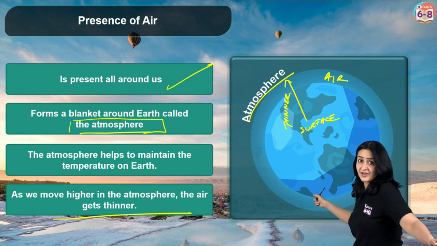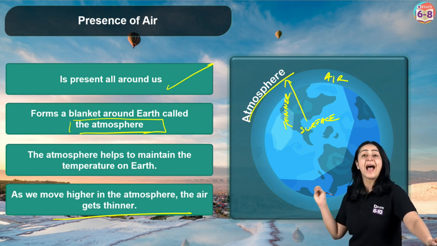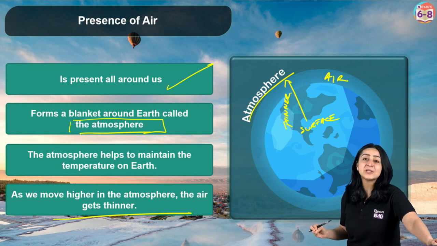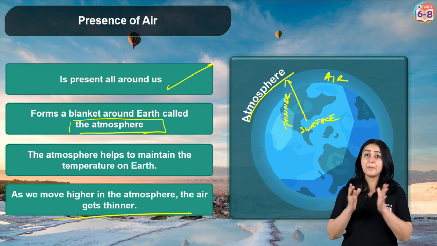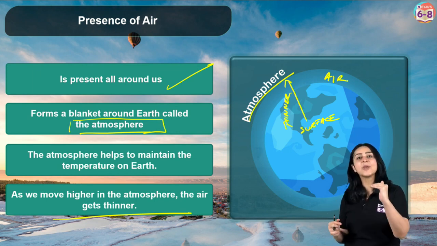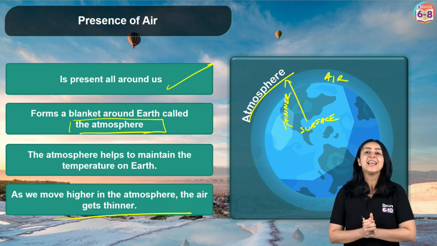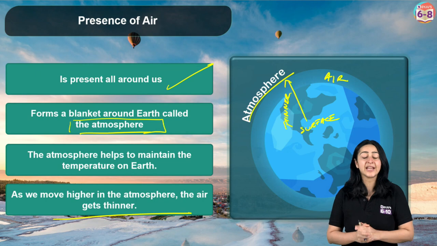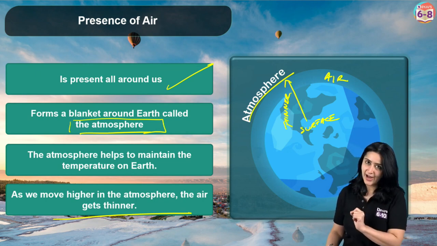It forms a blanket around our planet or our earth, and this blanket of air is basically known as atmosphere. Atmosphere is very important because it helps us to maintain the temperature of the earth. This is again a very important function of the atmosphere. And as we go higher and higher up, which means we move away from the surface of the earth, this blanket of air starts getting thinner and thinner, right?